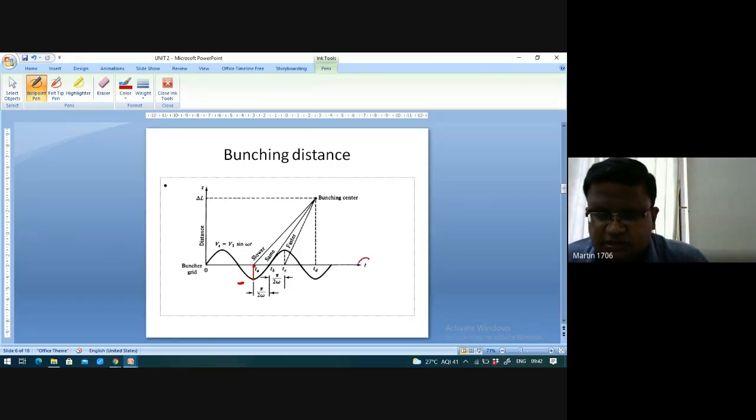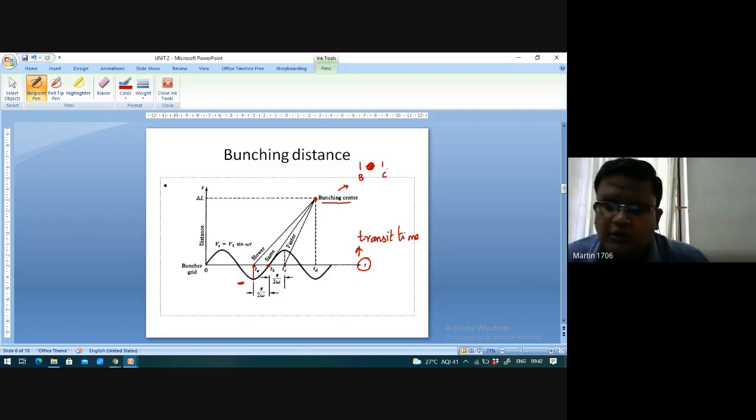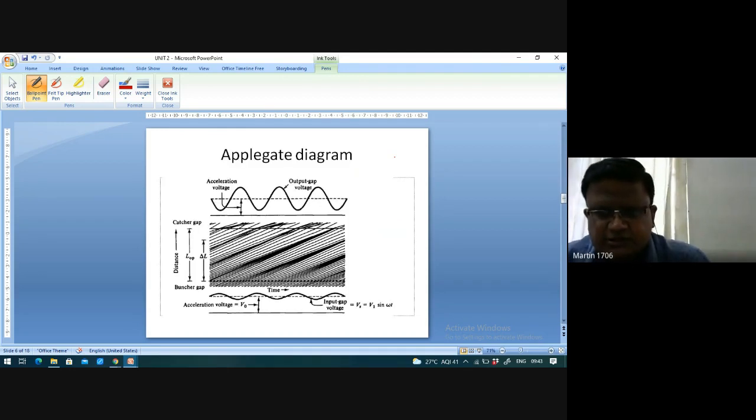This T denotes not normal time; it is called transit time. Similarly the moderate and fast. But at last they meet at the buncher cavity only. The bunching distance is the region between the buncher cavity and the catcher cavity, where there is some bridge unit. Here is the meeting point of all three electrons, and after that the electrons will be caught by the catcher cavity. This diagram represents that.